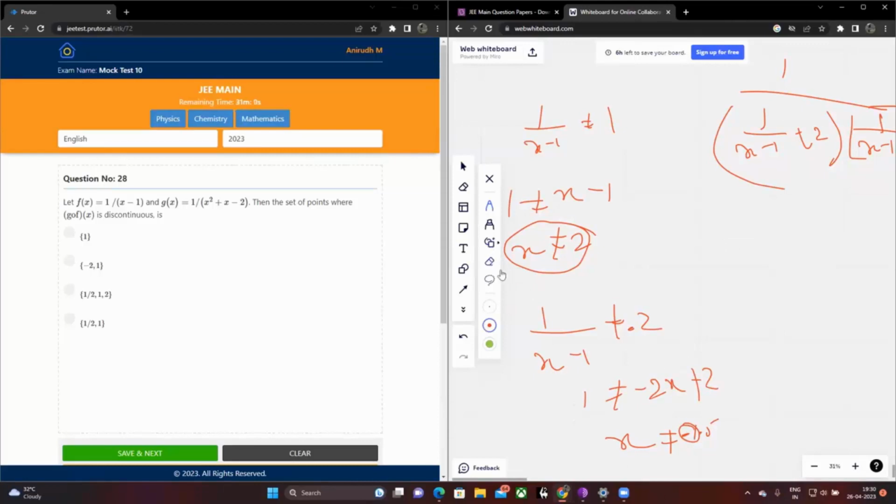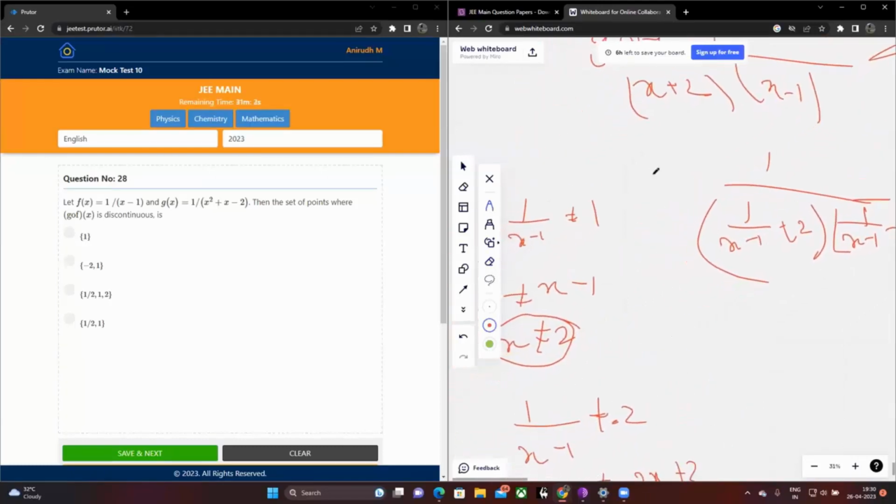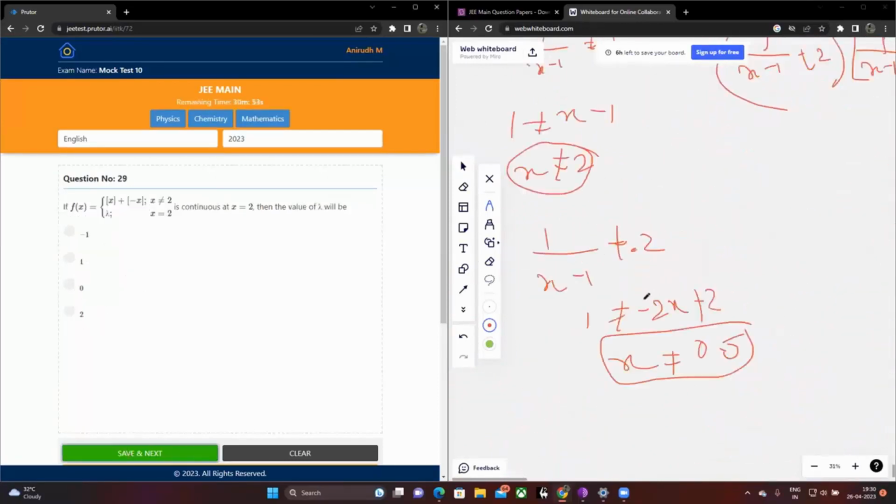So basically you have points of discontinuity at 1, minus 2, 2, and 0.5. So your set is half, 1.